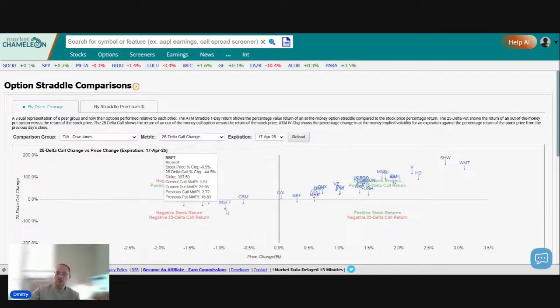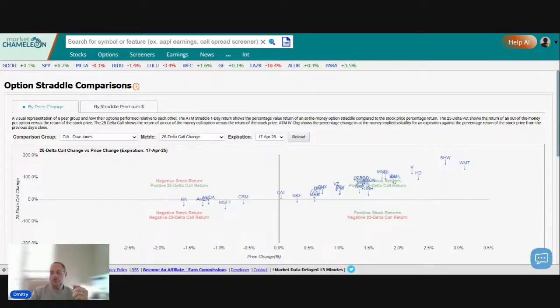For example, Microsoft was down on the day, and that call price lost 44% of its value. And quickly now we could just learn from here, or visualize, the dynamics between what the stocks returned versus what the options returned in our particular group of stocks that we're monitoring.